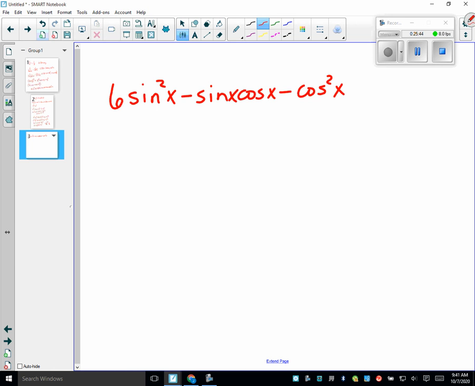I want to factor this. Look at your numbers. We're going to ignore the sine and cosine. Look at the numbers. Do I have a 6, a -1, and a -1? So what multiplies to -6 and adds to -1?